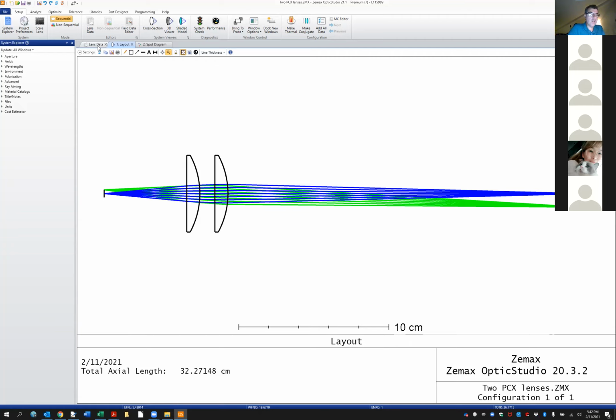I wrote down that formula for the effective focal length of the combination. Remember, I wrote down last time, and I reviewed again like 45 minutes ago, the logic that led to that formula.